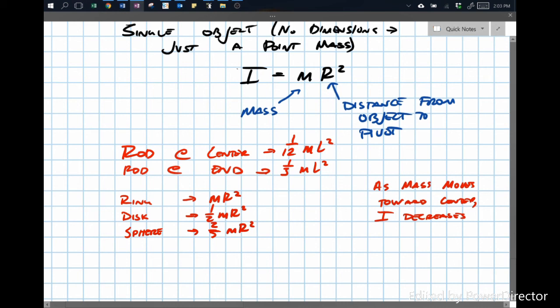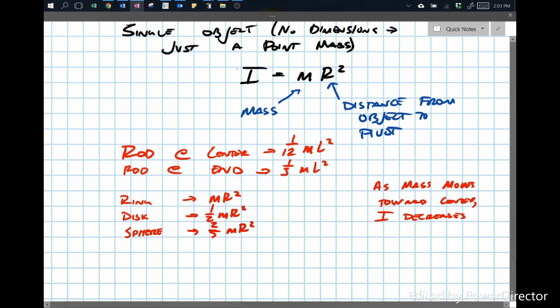It's taking care of the 2 motions of the object. This is the moment about the center of mass. And this is the whole object treated like a point mass going around a point. It looks just like I equals mr squared.